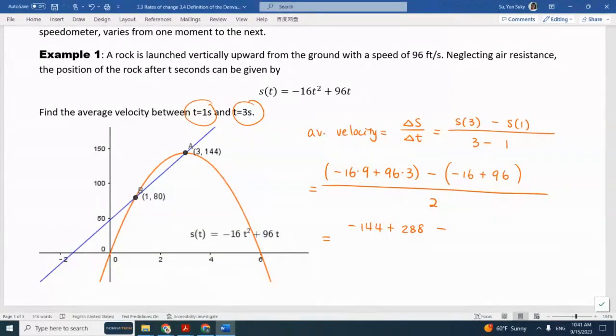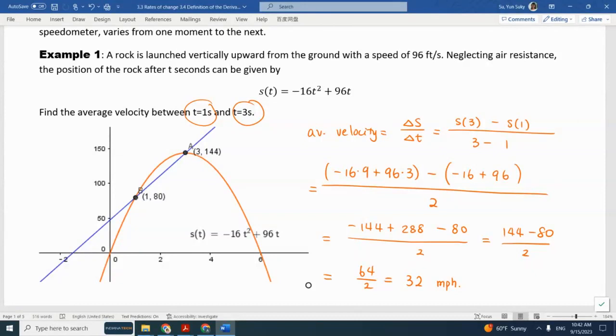Minus, okay, what's 96 minus 16? 80, yes. Oh, almost there. Do you see 288 is double 144? When you subtract 144, you have 144, right? So 144 minus 80. What's 144 minus 80? Yeah, over 2 is 32 miles per hour.